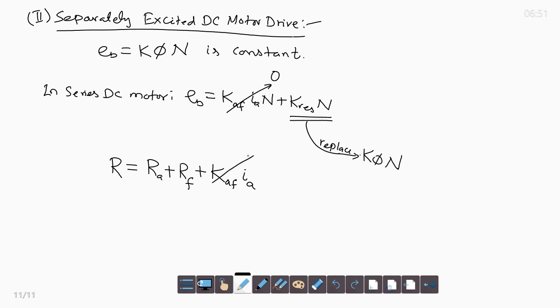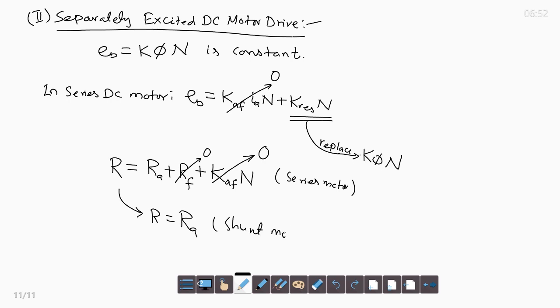Here there is no term proportional to I_A, no sorry, just a minute, K_F into N, this term is absent, the field term is also not there, so you now have R equals R_A. This is for series motor, this is for shunt motor. So with these substitutions you can extend the same analysis for the DC series motor to the separately excited DC motor.